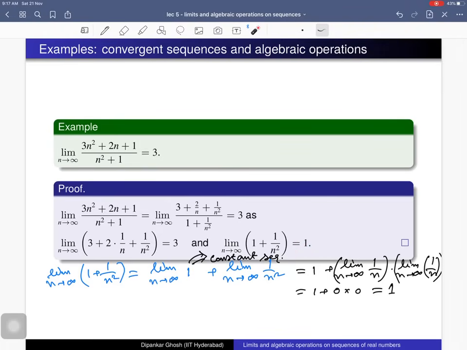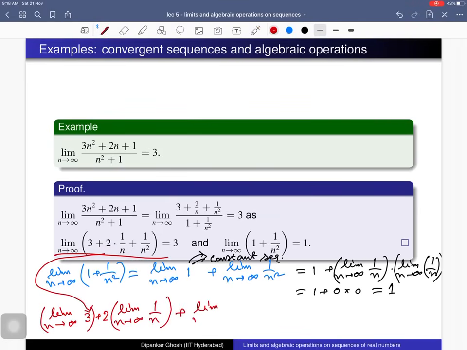And similarly we can prove the limit as n tends to infinity of this one. This is the limit of 3 plus the limit as n tends to infinity of this scalar 2 times this sequence, plus again the limit as n tends to infinity of 1 by n square.